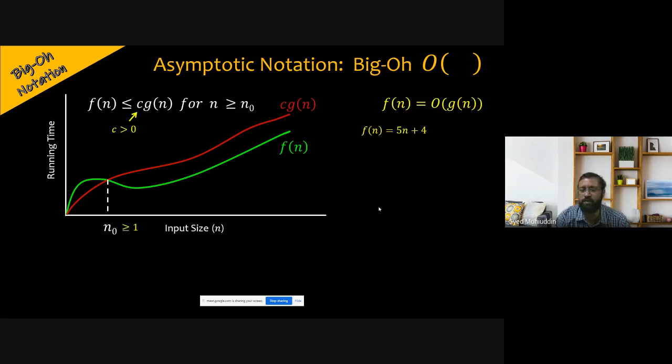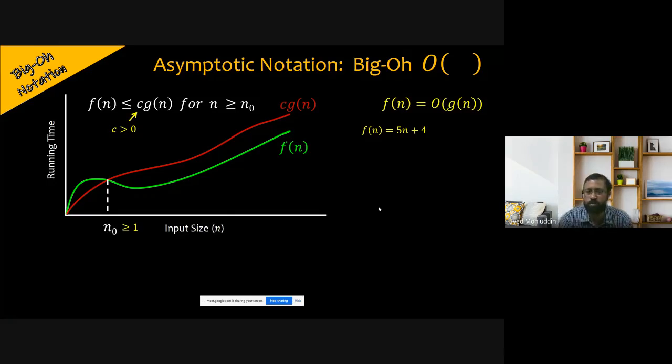It's a time function. 5n plus 4 means the number of times the steps in an algorithm execute is 5n plus 4 times. We have counted the number of steps, and we are saying there is an algorithm which takes 5n plus 4 instruction executions.